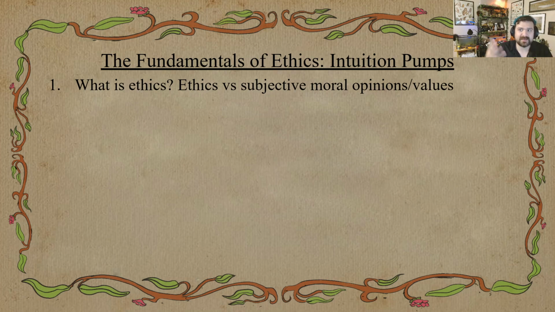Those are subjective opinions. They might be true, they might be false, they might be partly true, who knows, but they're typically construed as opinions, subjective personal opinions. They could also be the opinions or the values or the morals of a culture, right? But basically what morals and values are in this course is we're talking about those subjective personal or cultural opinions. It's not necessarily true because cultures and individuals can get things wrong all the time, right?